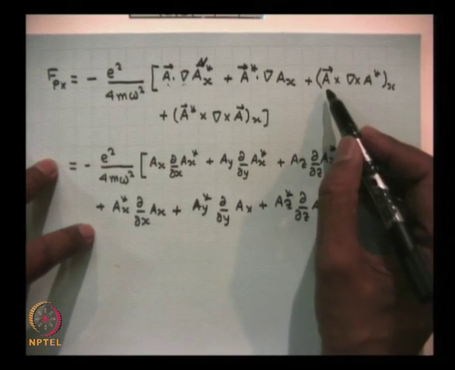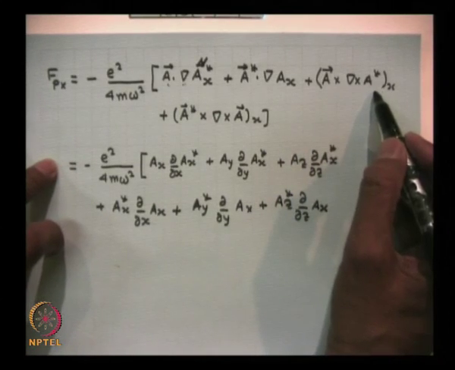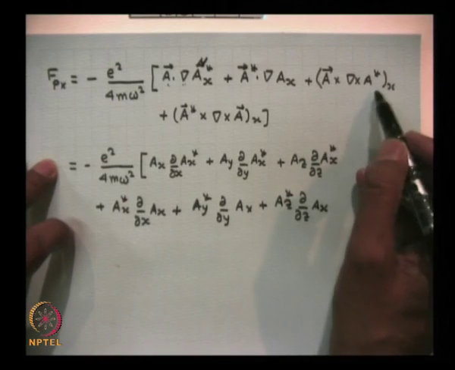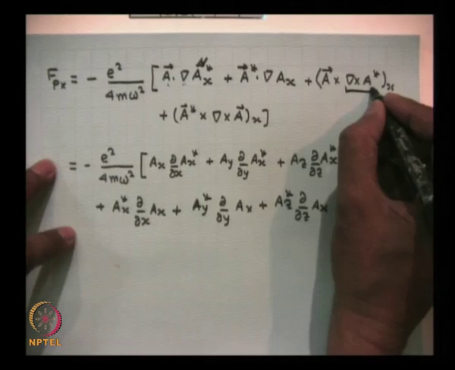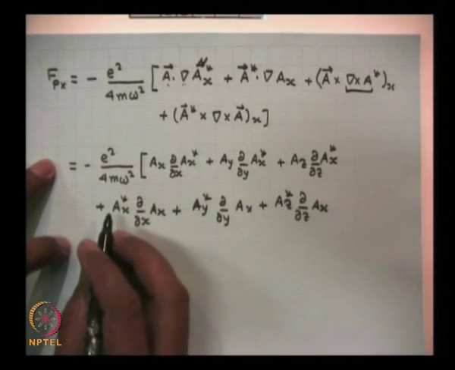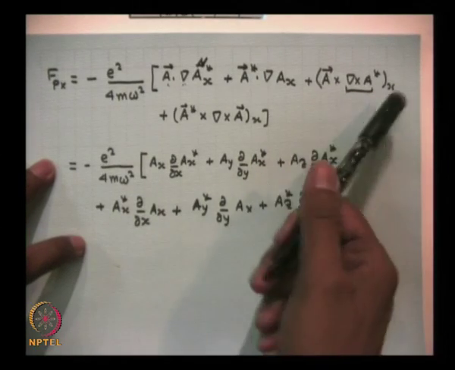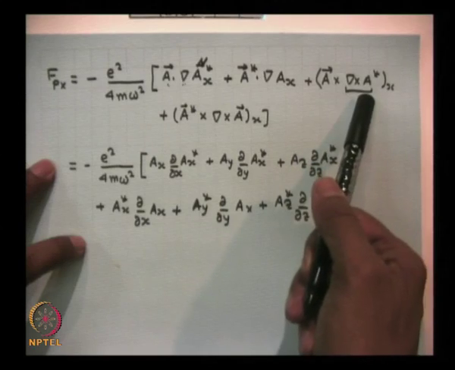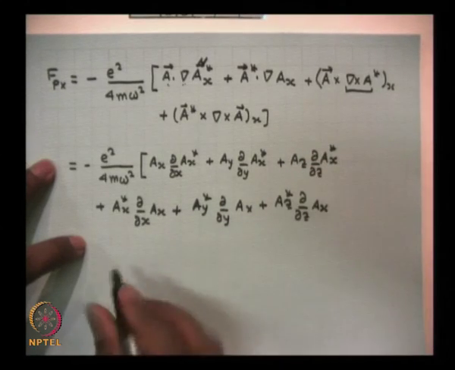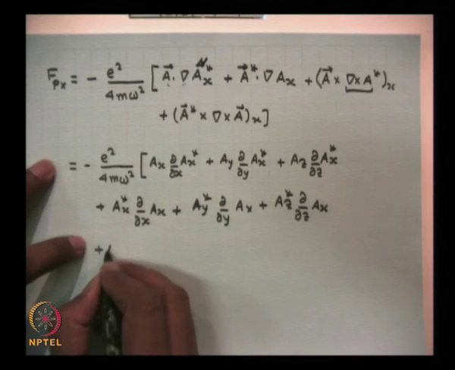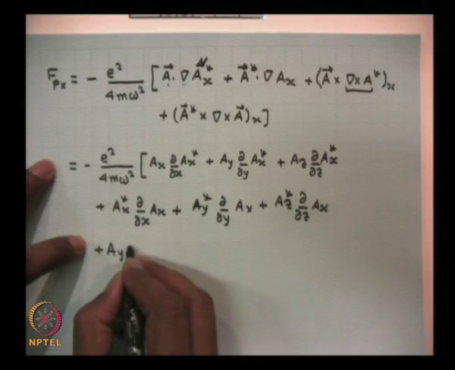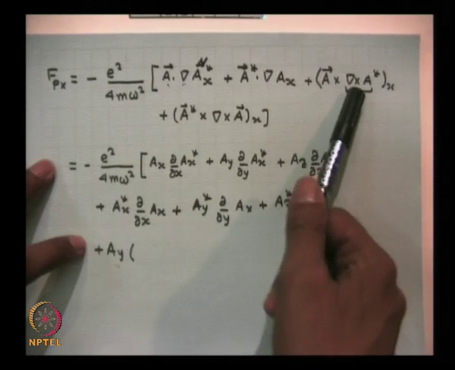Then the x component of this product is a little complicated, but it is not that bad. Treat this as one vector, this as another vector, a cross b kind of thing. So, I will get the x component of this quantity: y here, z there, minus z here, y there. So the x component will be Ay multiplied by the z component of this quantity.